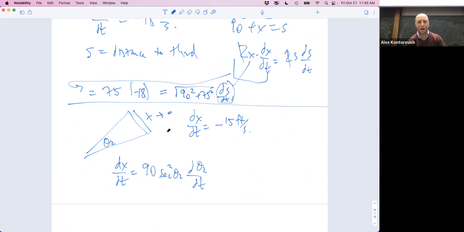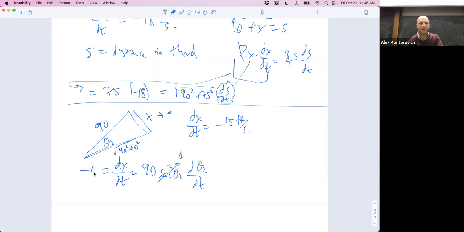When x is becoming 0, what is the secant becoming? The hypotenuse is the square root of 90 squared plus 0 squared, which is also becoming 90. In other words, the cosine is becoming 1, so the secant squared is becoming 1. The angle is becoming 0, and secant of 0 is 1.